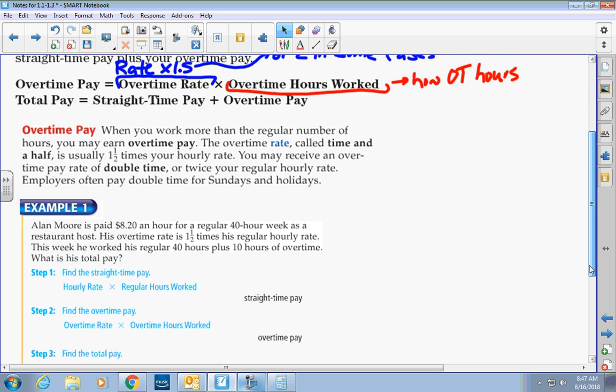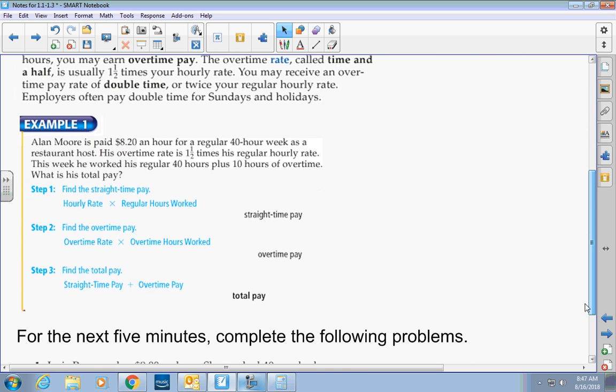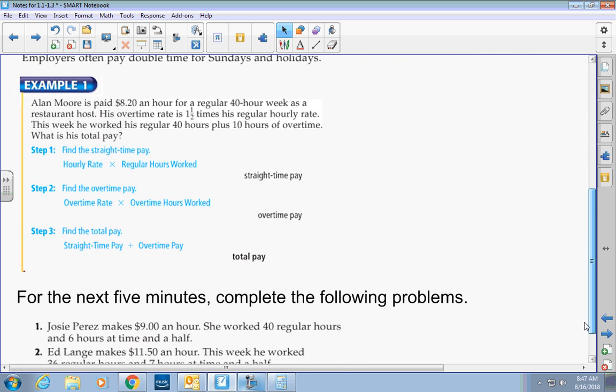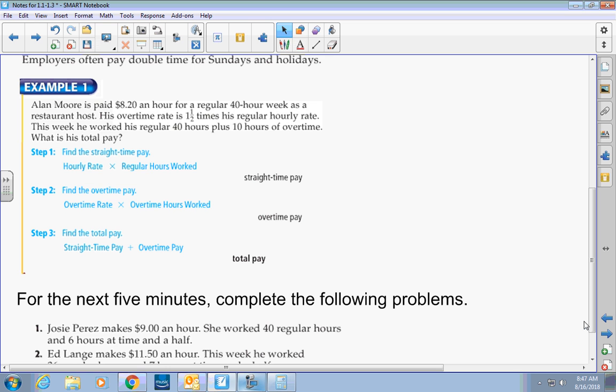In our example, Alan gets paid $8.20 an hour for a regular 40-hour week as a restaurant host. His overtime rate is 1.5 times his regular hourly rate. This week he worked 40 hours regular and 10 hours of overtime.